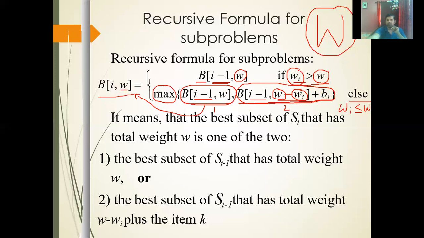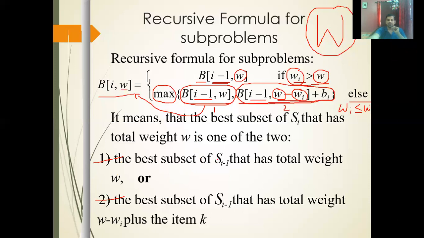Among these two, the maximum one should be assigned to your B of I comma W. As we know, we need to maximize the benefit. So the maximum among these two should be considered here. This is what has been explained in the first as well as in the second.